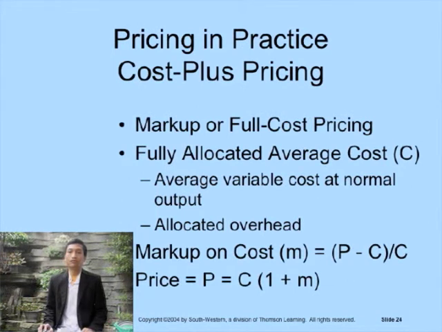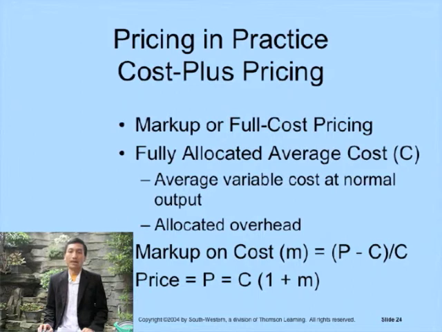In the real world, firms may not be able to collect precise marginal revenue and marginal cost to determine their pricing. Therefore, they develop what we call markup or full cost pricing. Before we talk about full cost pricing, we will talk about fully allocated average cost. The fully allocated average cost is the average variable cost at the normal output plus allocated overhead.